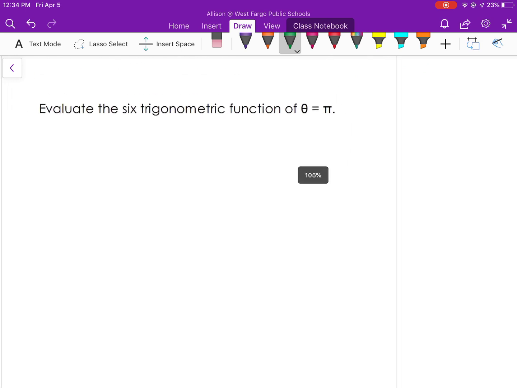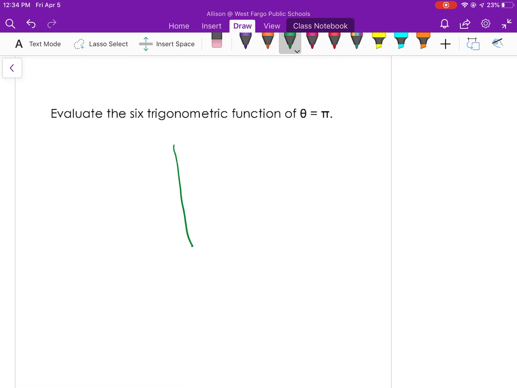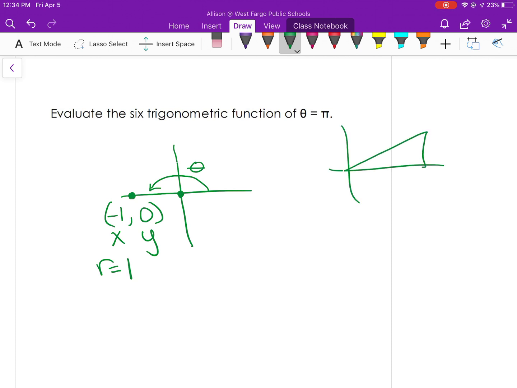This is for theta equals pi. So remember, pi is over here. That's 180 degrees. I'm going to choose the point -1, 0. Since -1, 0 is 1 away from the origin, the radius of my circle will be 1. So then I can use my ratios of my functions, x, y, r.